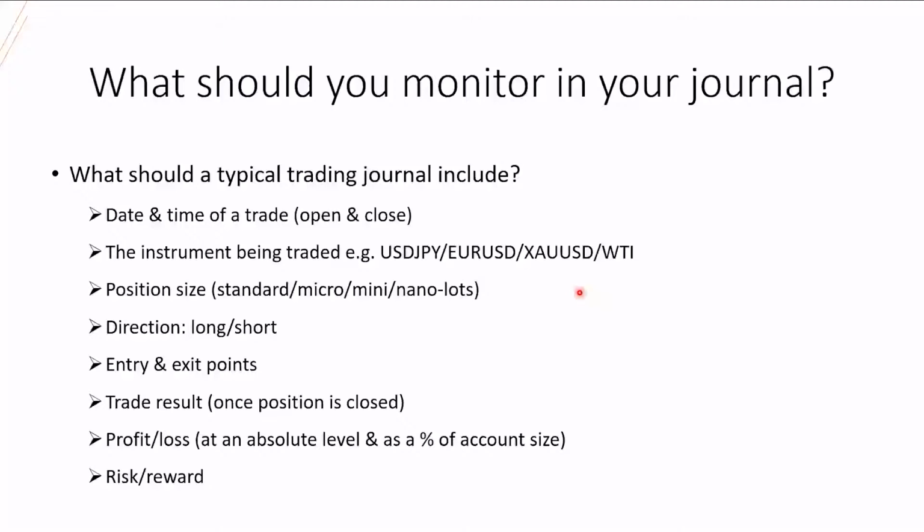And also, not only your preference, it also depends on your account size. If you're starting off with a relatively smaller dollar value account, then it's best to start using a mini or nano lots position. So you're able to get used to the platform, get used to the instrument, and you're also able to back test your strategies as well.